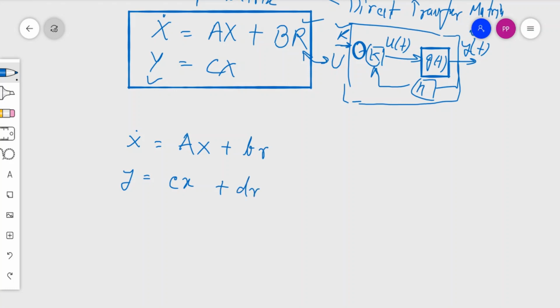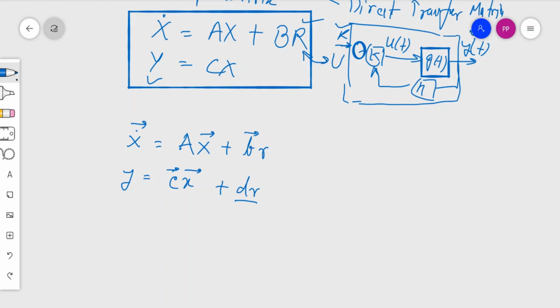Here they say that this x is in bold, that is a vector, then this b is in bold, so this is also in vector form, then this c is in bold, this x is in bold, and D and R are simple.